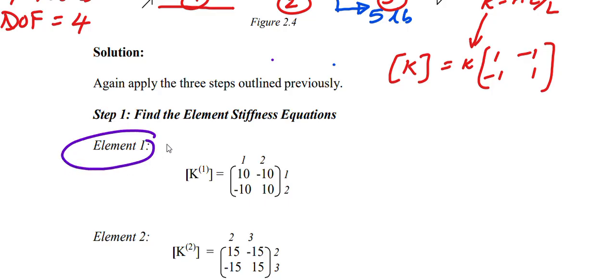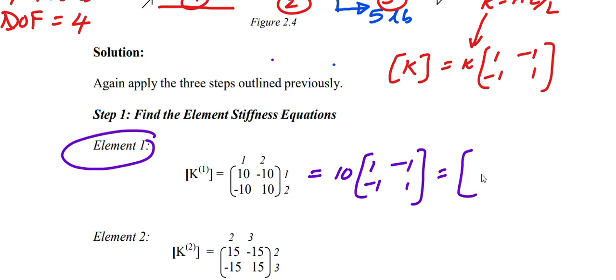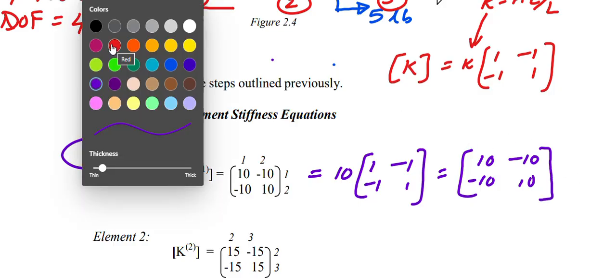Now for element 1, you can write it with a suffix or superscript 1, say k1. K1 is equal to the value of k, given as 10, times the matrix [1, -1; -1, 1]. So inside the matrix you can write 10, -10, -10, 10. Now, outside the matrix you have to write the deformation.